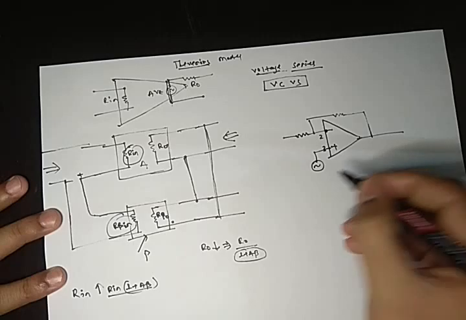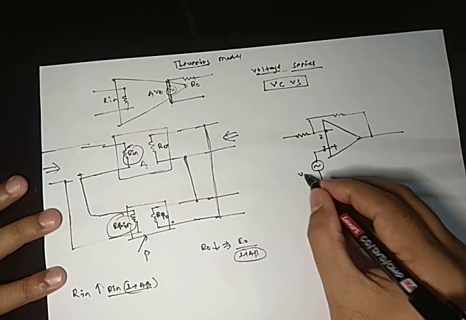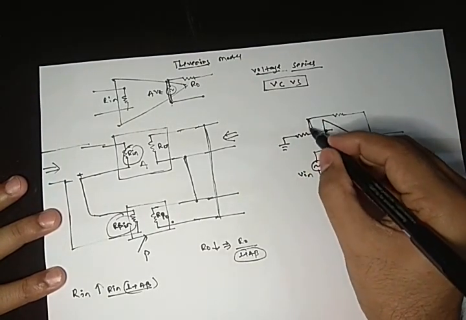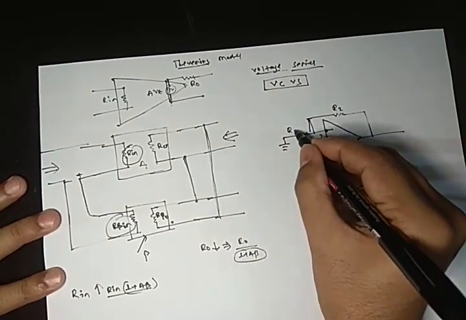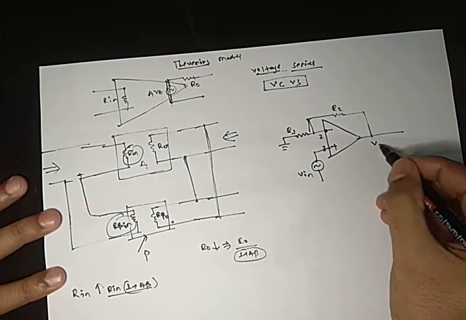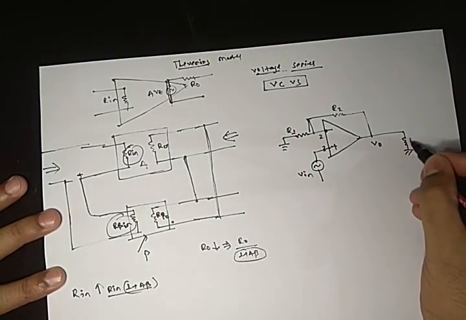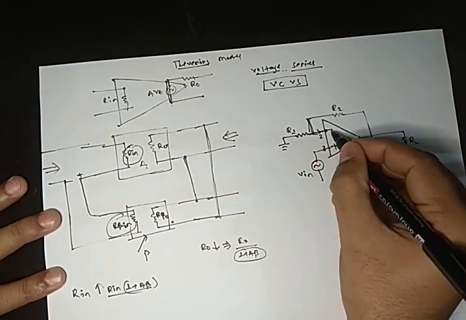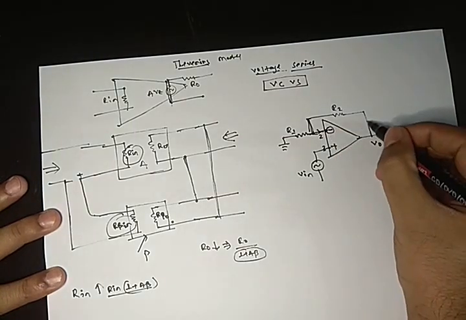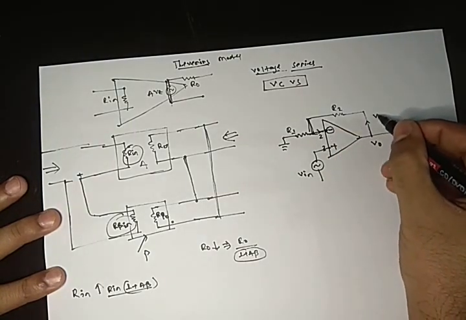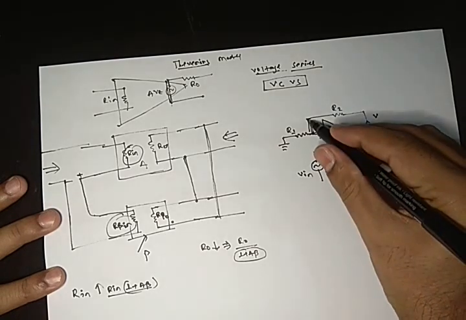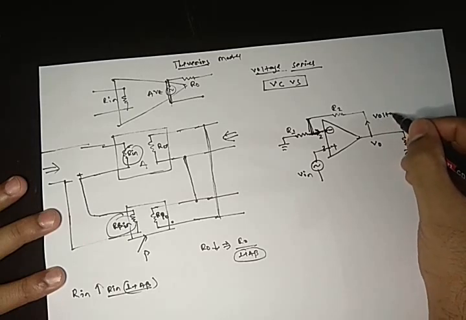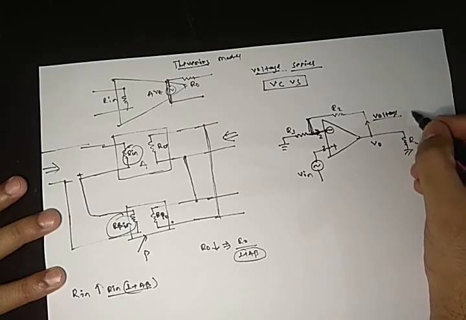We are taking V in and this is ground, means we are tapping some amount of voltage. This is R2, this is R1. We are tapping, this is V0, this is your RL. So we are tapping some amount of voltage and we are directly feeding to negative terminal. So this tapping is done in parallel, and what we are tapping we are feeding in series. So this is called voltage series.